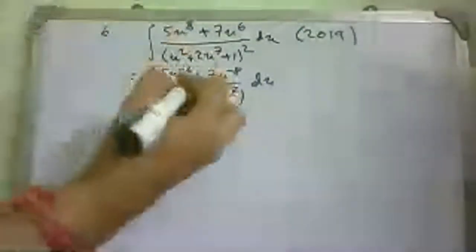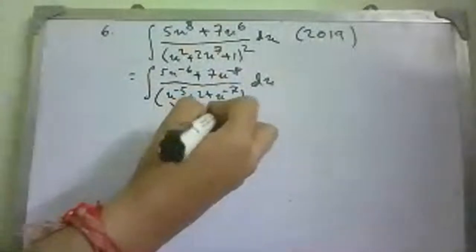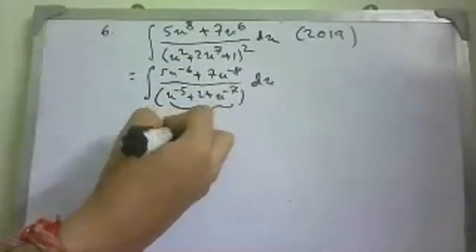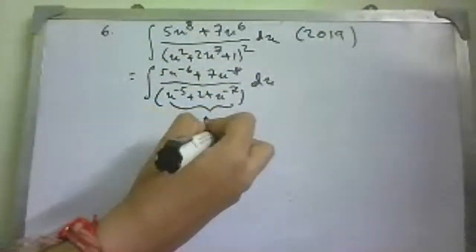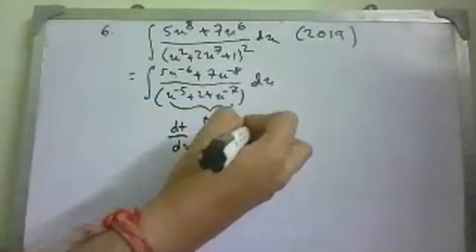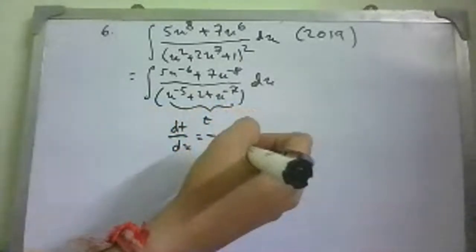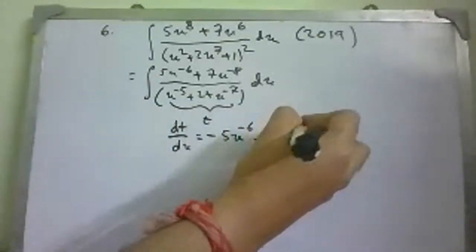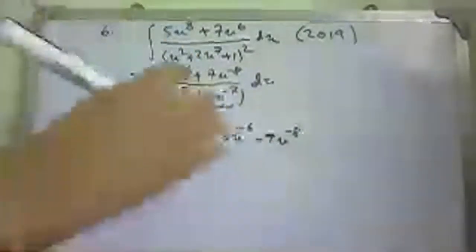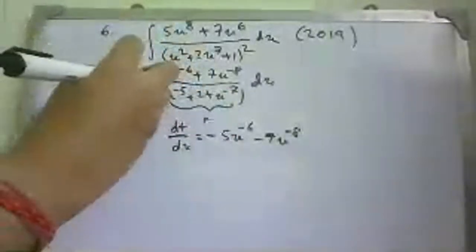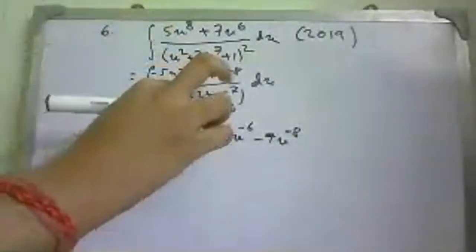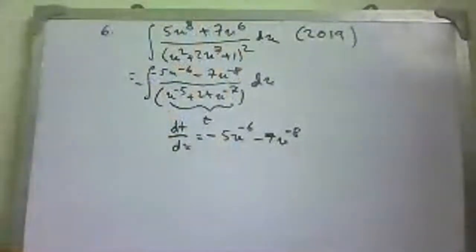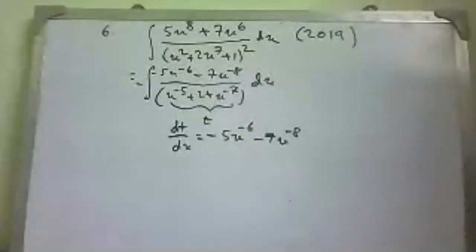If we take this particular thing to be t, we can see that dt over dx is minus 5x to the power minus 6 minus 7 times x to the power minus 8. We can see the pattern over here. Now the only thing we need to do is multiply by a negative sign in the numerator. Actually, it doesn't make any difference. It's more or less the same thing.